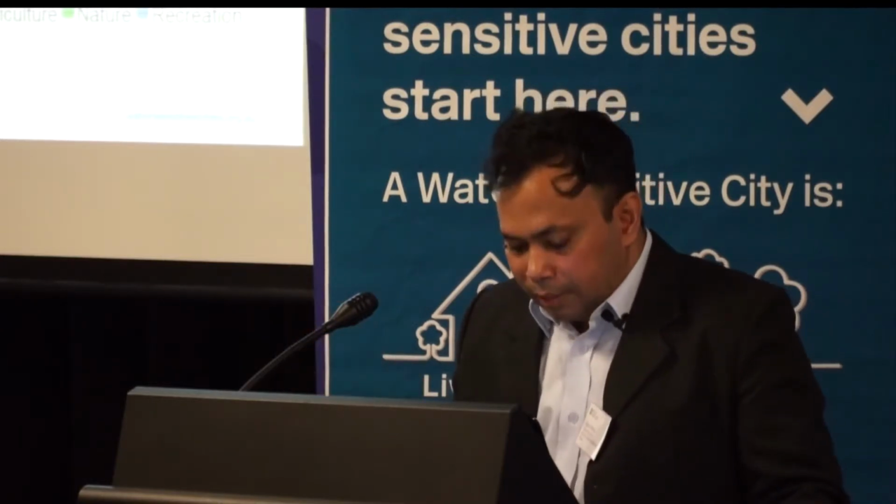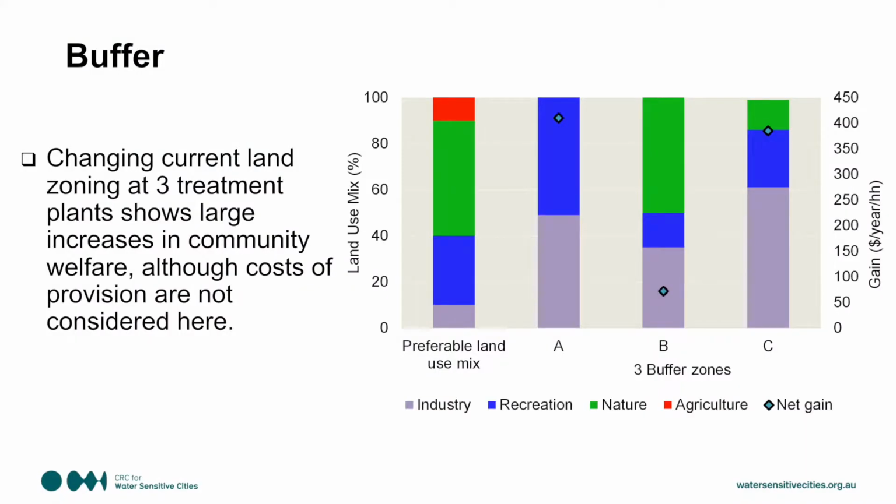Now what can we do with these numbers? We picked existing land use composition of 3 buffer zones in Western Australia. So these are 3 sites where, broadly speaking, in buffer area A we have mostly industry and recreation, whereas in B we have industry, recreation as well as nature, and then in C we have industry, recreation and nature again.